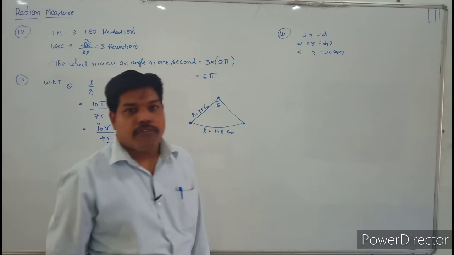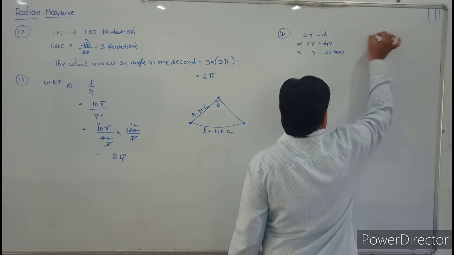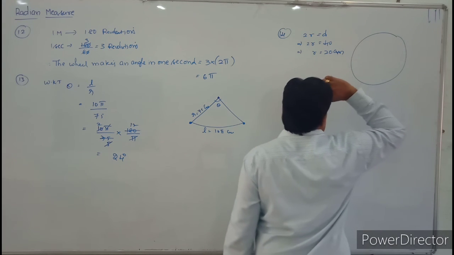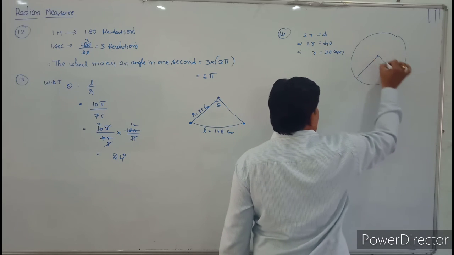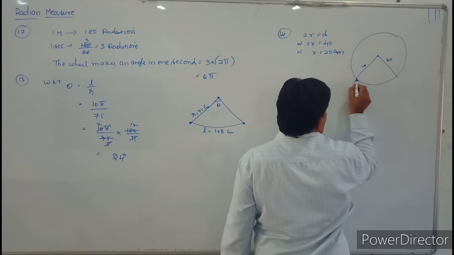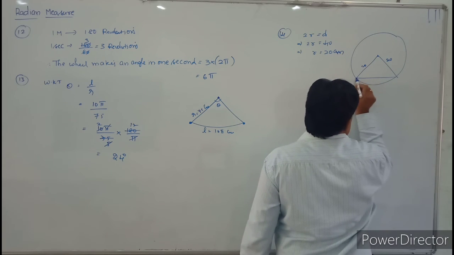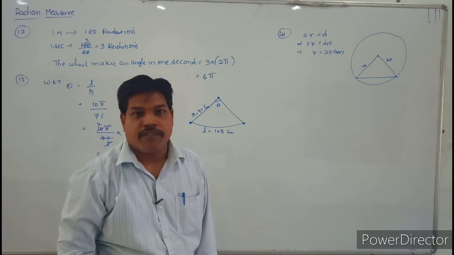After getting the r value, one circle is given, and the radius is 20 and this is also 20. They have given one chord.